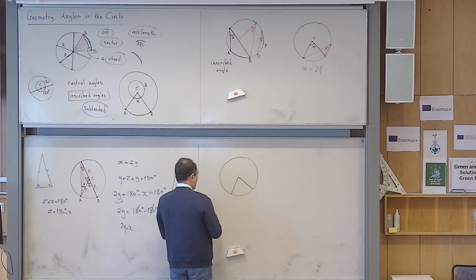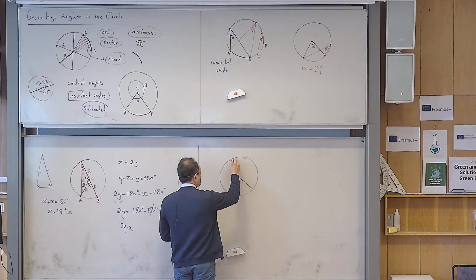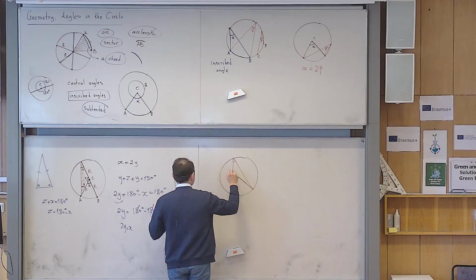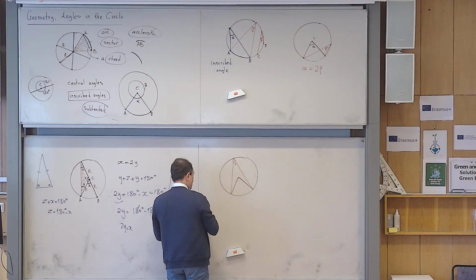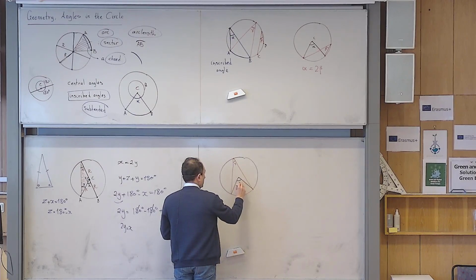And then let me draw one inscribed angle, but subtending the same arc. So for example, let me choose the point here. Okay, so let me call this one, as before, Y. Let me call this one X. Okay? And this is the center.